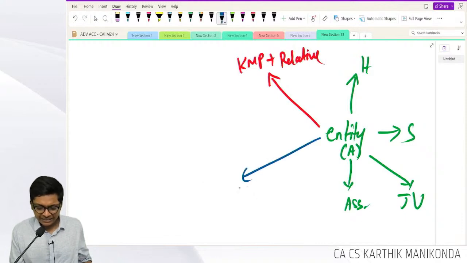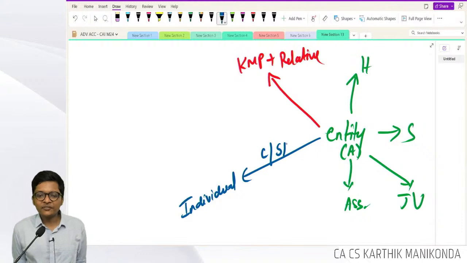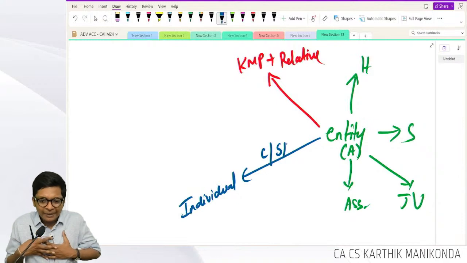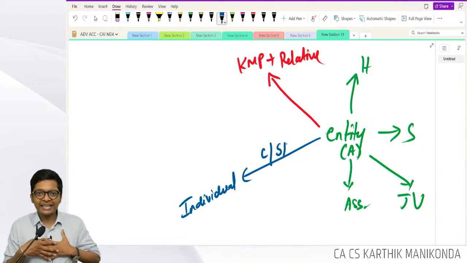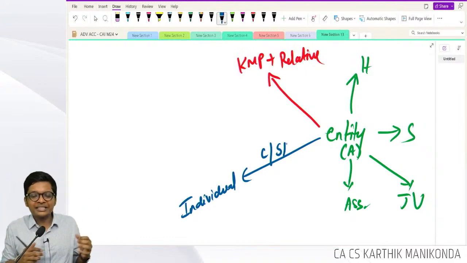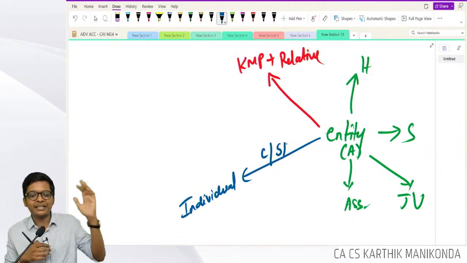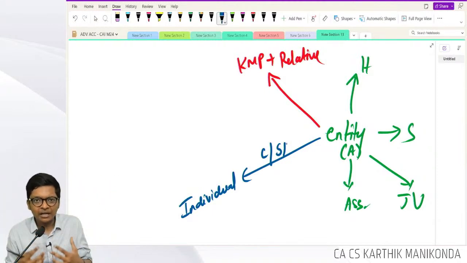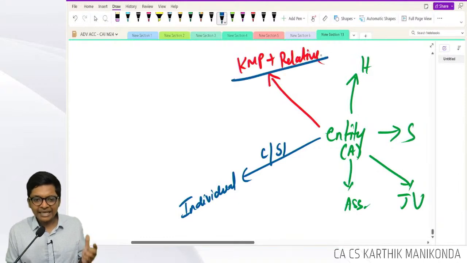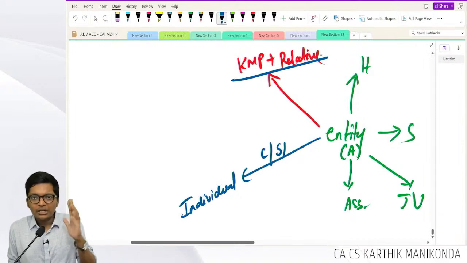And any other individual who has control or significant influence is also a related party for entity A. So let me again say, I am entity A. For me, my holding, my subsidiary, my associate, my joint venture are my related parties. Next, any KMP and relative of the entity is also a related party.